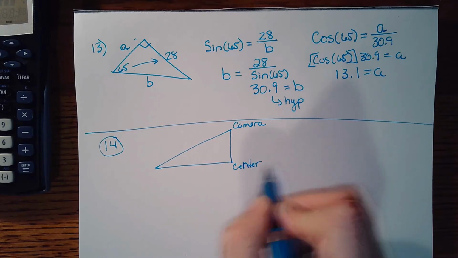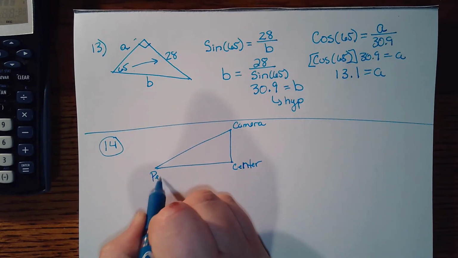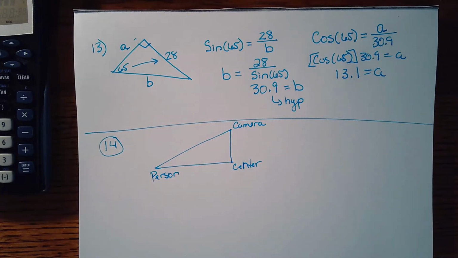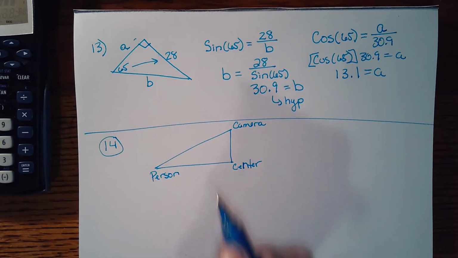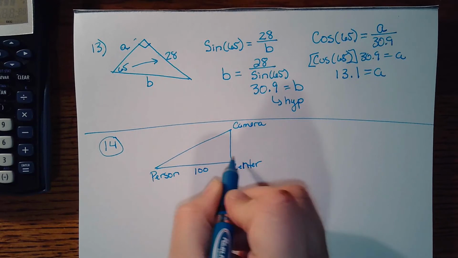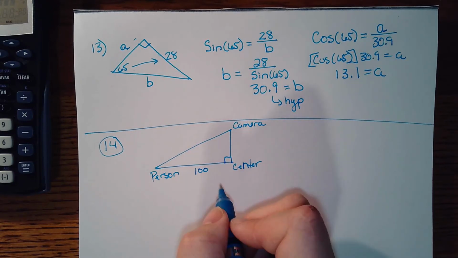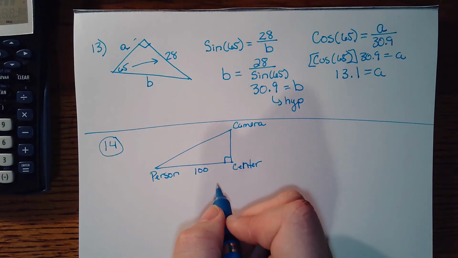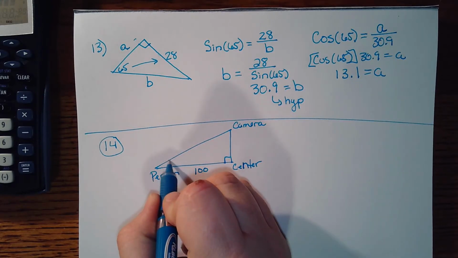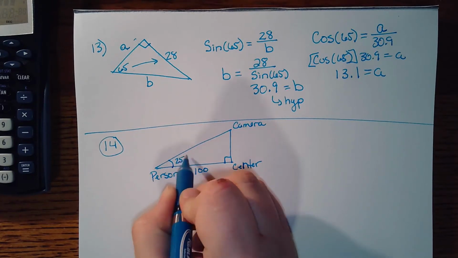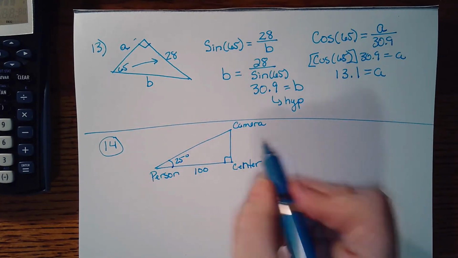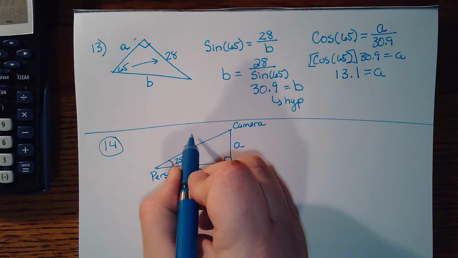And then this right here is your person flying it. And it says for part A, a person is standing 100 feet away from the center point. So this is going to be my 100 feet, or one of my legs. It says that the angle of depression from the camera to the person flying is 25 degrees. In other words, the angle here is 25 degrees. So we are missing this here and this here.